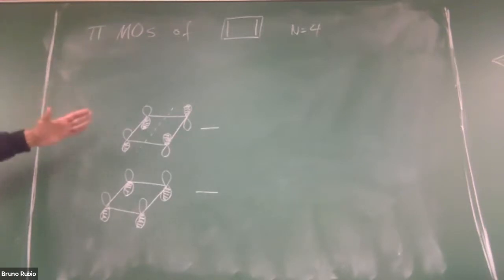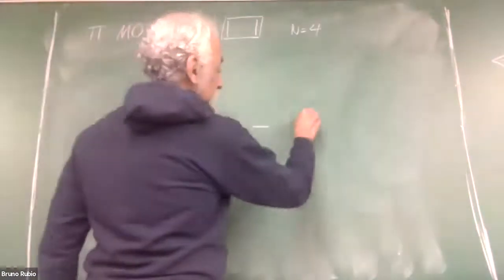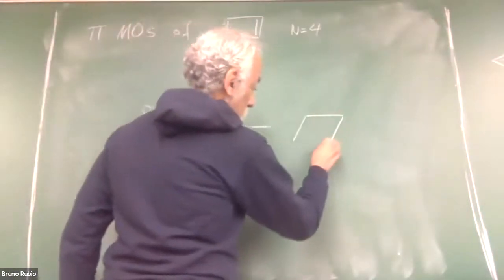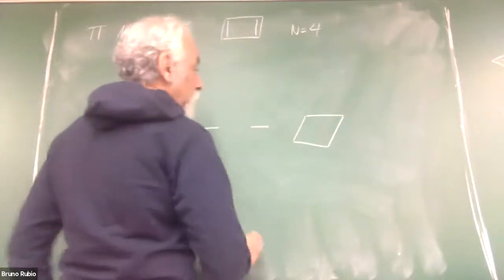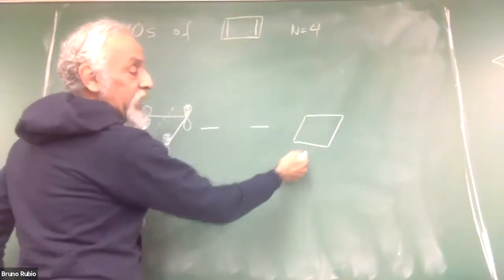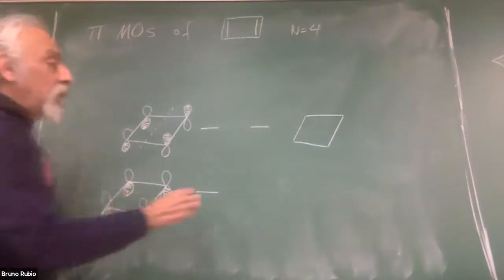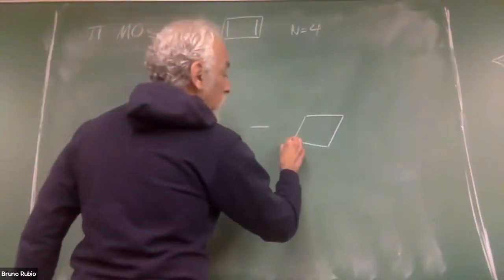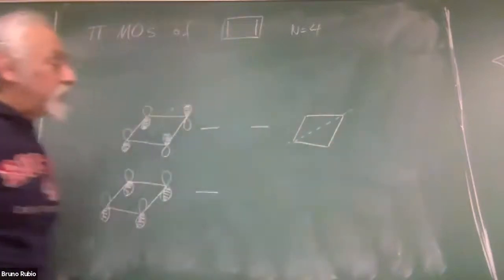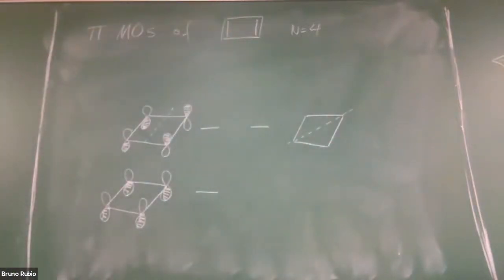But you know what? There are 2 ways of drawing a dotted line through a square symmetrically disposed. The other way would be, there's my rectangle. Instead of a dotted line where bonds are intersected, I'm going to draw a dotted line that cuts through the corners.